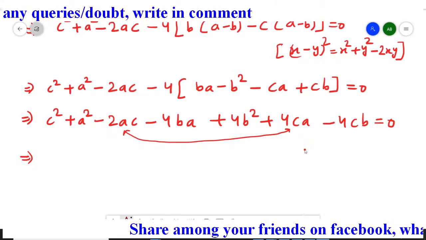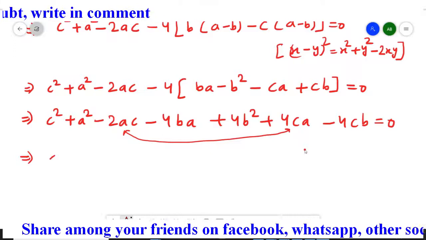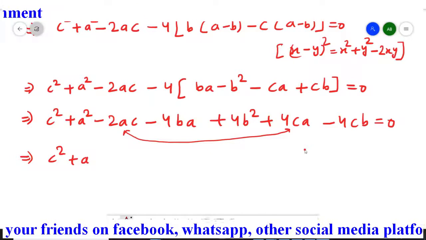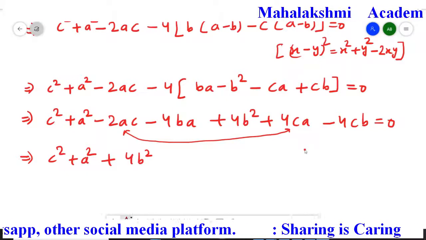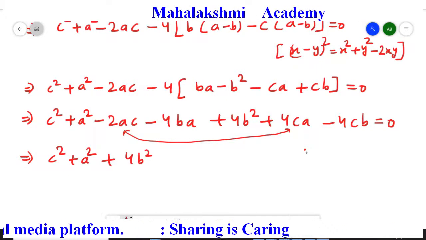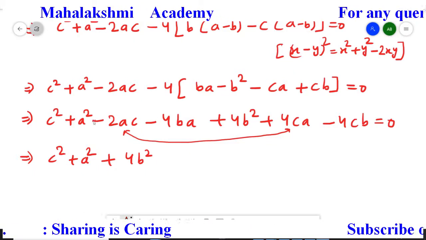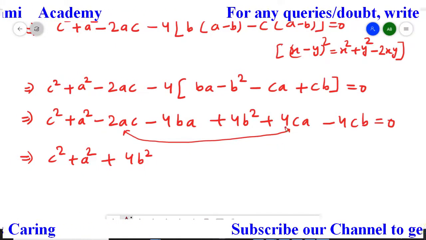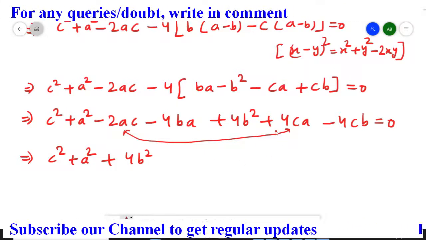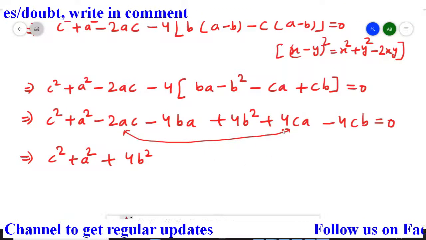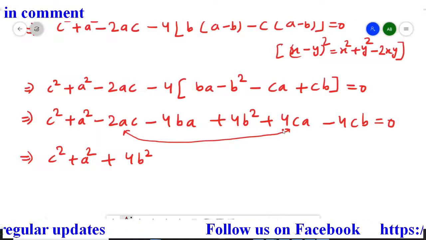Square terms I am writing in initial places, so it is going to be c square plus a square plus 4b square. I am just shifting in front, and the curved terms, that is this minus 2ac and plus 4ca, when we add or subtract them, they have opposite signs, so we have to subtract, and the sign of the bigger number, so it's going to be plus.